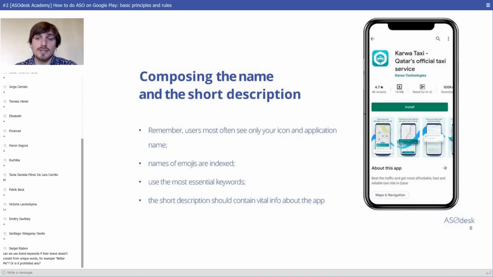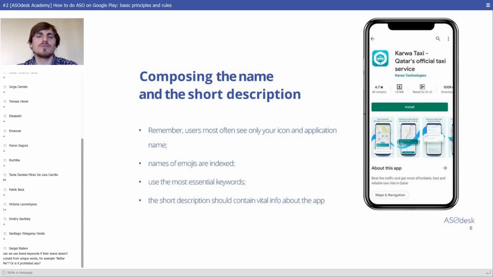So the thing is that most probably this app, not most probably, this is how it works. I perfectly know the situation. In similar apps, people from different Arabic-speaking countries see many taxi apps, but they are not from their country. I'm sure that they used the country name Qatar as the third word to underline the fact that when people from other countries see this app in similar apps, they will understand that this is a taxi from Qatar.